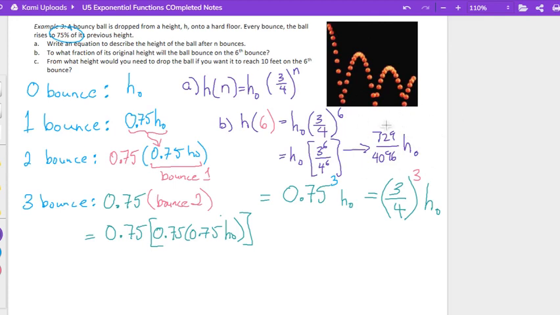This is actually 17.8%. It's approximately 17.8% of the original height. So after 6 bounces, it has gone down to about 20% of the original height.